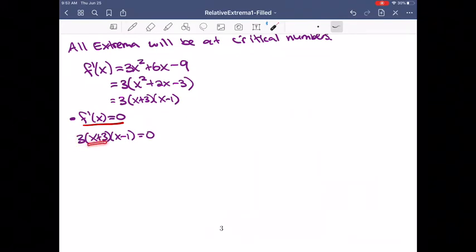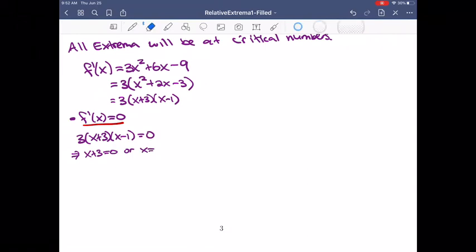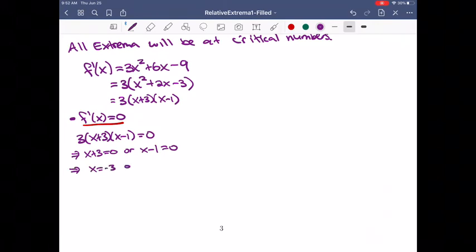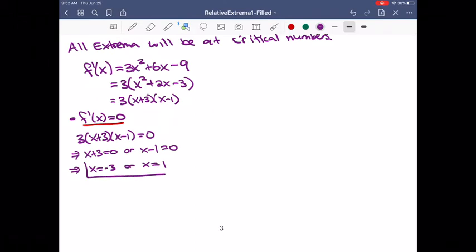So one of those two is 0. So x plus 3 is 0, or x minus 1 is 0, which means that x equals negative 3 or x equals 1. These are both going to be critical numbers for our function.